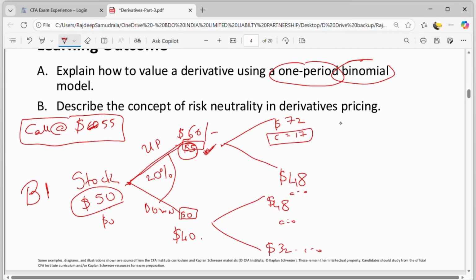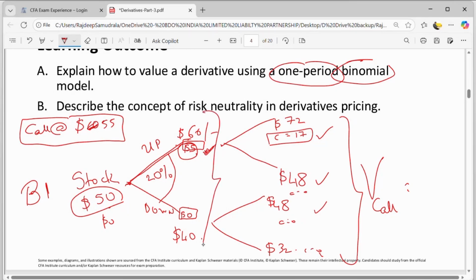And now you need to find out what is the value of the call? So you know the call is worth 17 or 0 or 0 or 0. That is two period. If somebody says, no, do one period, then fine. You stop here and tell me what's the value of the call. This is one period. Got it?